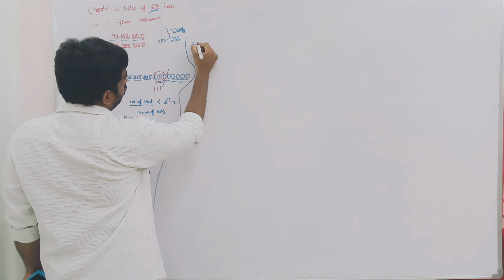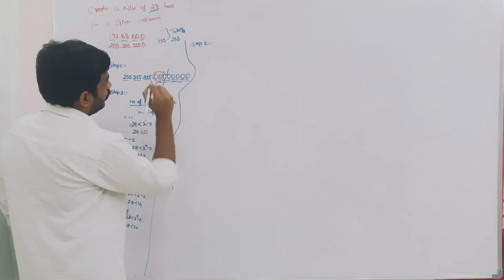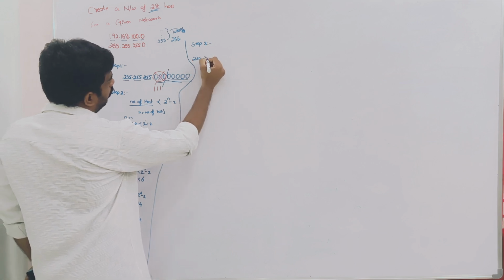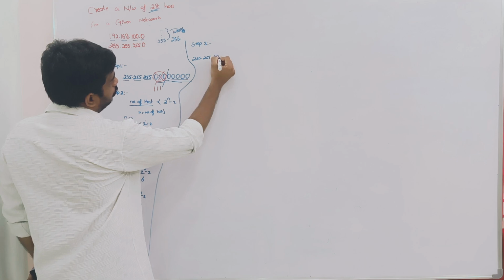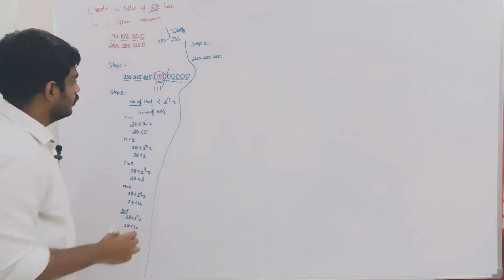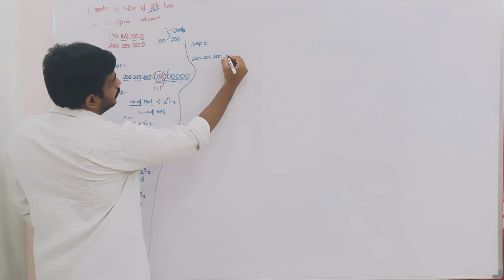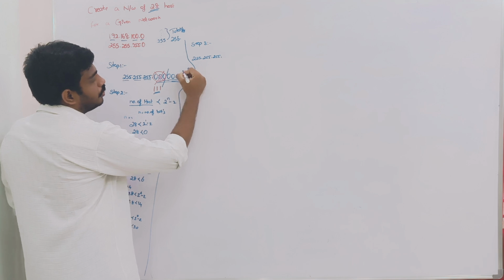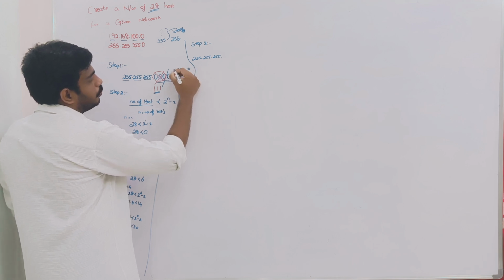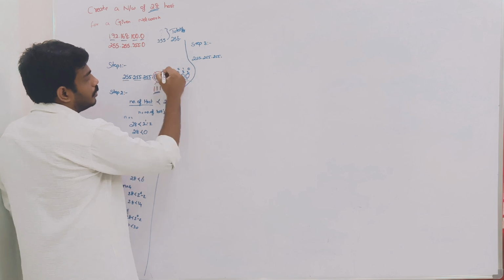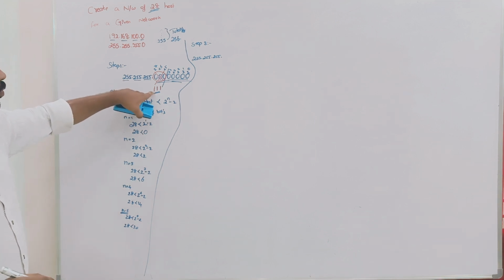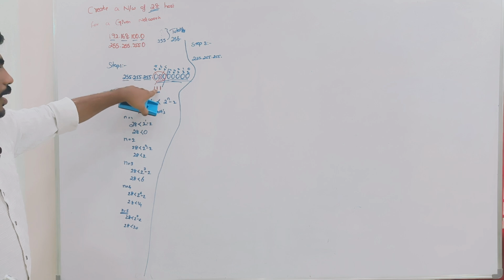Step 3: 255.255.255 dot, now you simply multiply the bits by 2 power 0, 2 power 1, 2 power 2, 2 power 3, 2 power 4, 2 power 5, 2 power 6, 2 power 7. The number of one bits there is 3, all ones: 1, 1, 1.